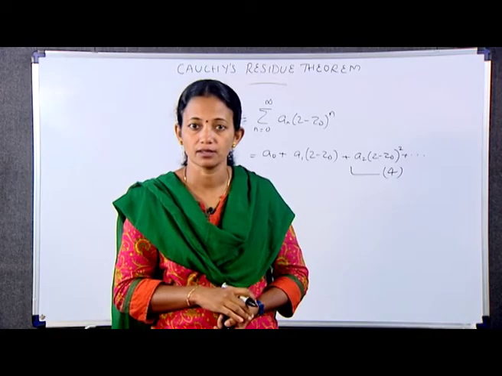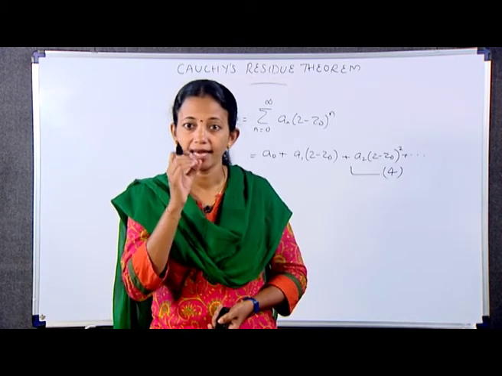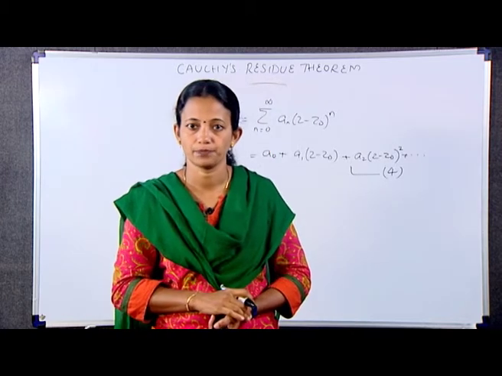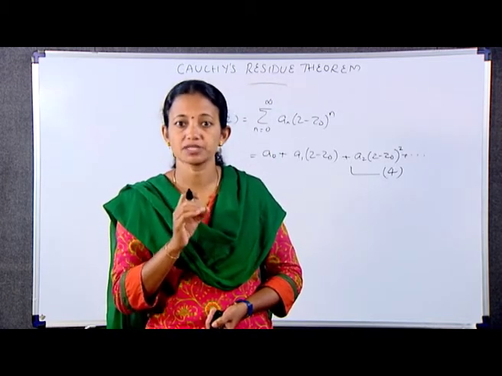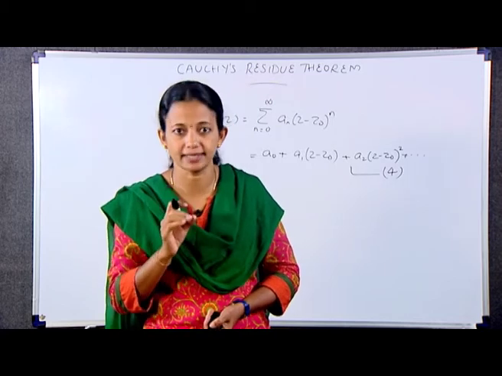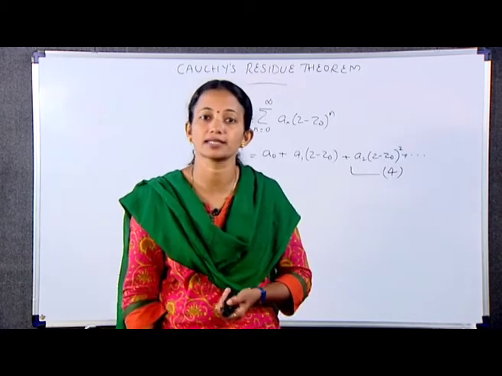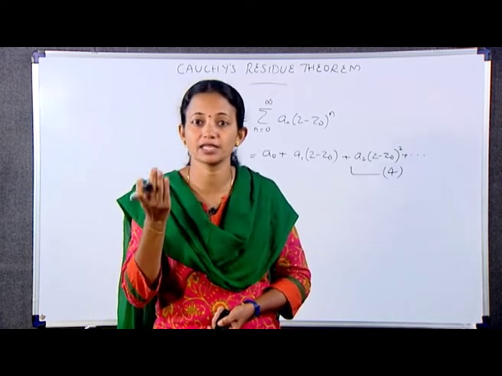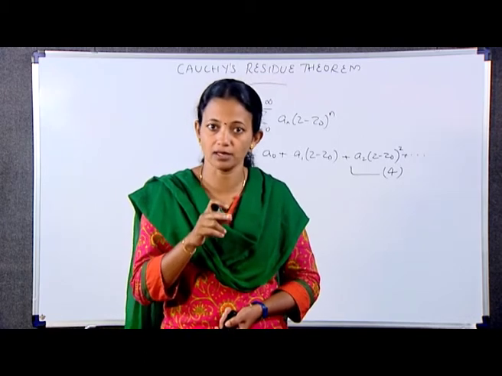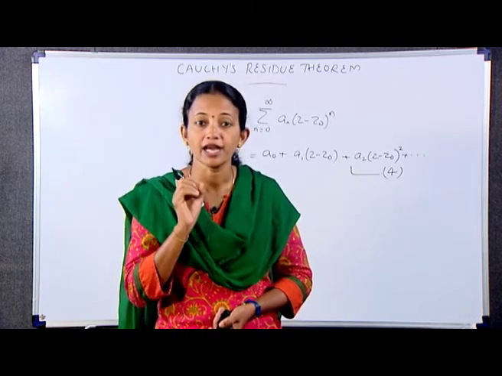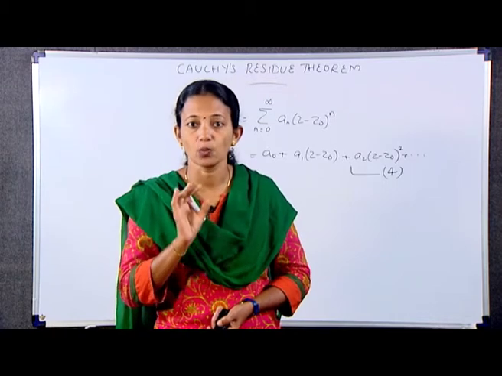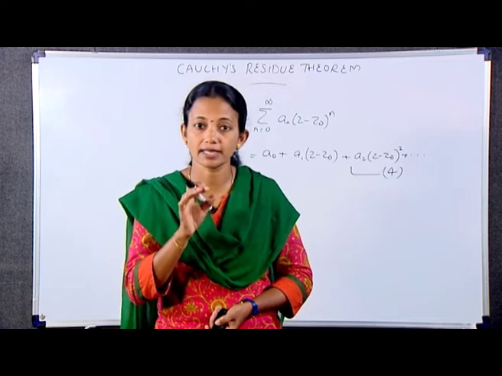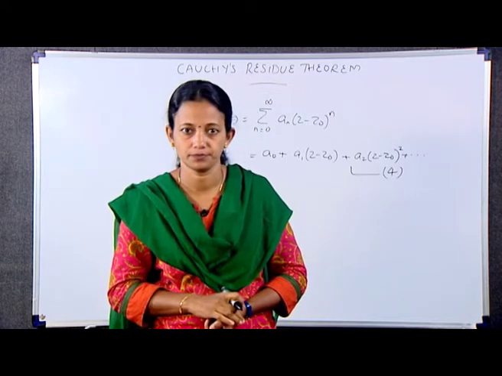If we define or possibly redefine f at z0 so that f(z0) is equal to a0, the expansion in 4 becomes valid throughout the entire disk mod (z minus z0) less than R2. Since a power series always represents an analytic function interior to its circle of convergence, it follows that f is analytic at z0 when it is assigned the value a0 there. The singularity at z0 is therefore removed.